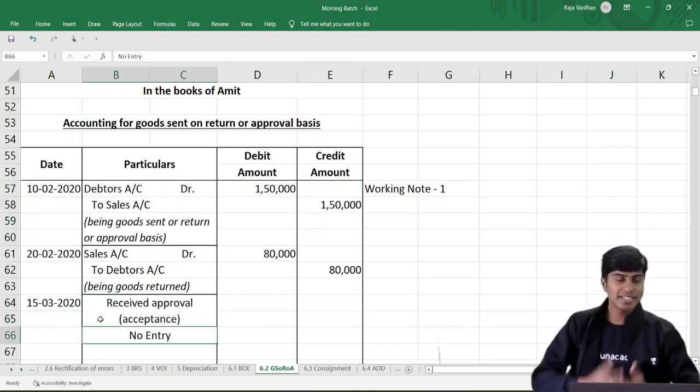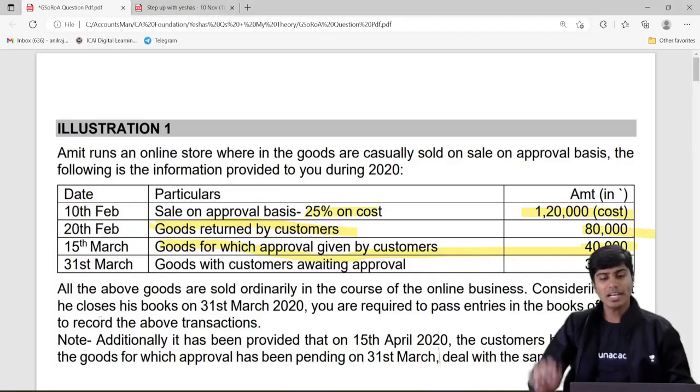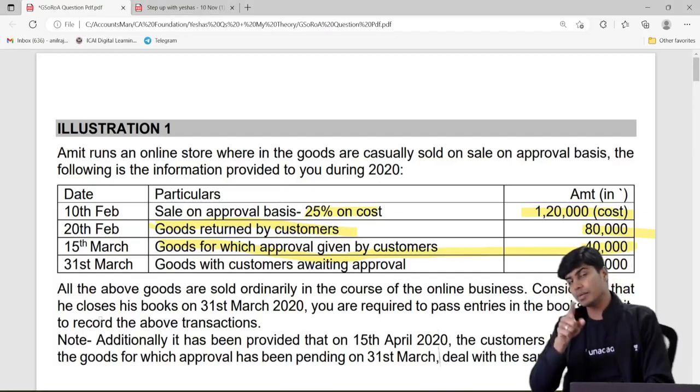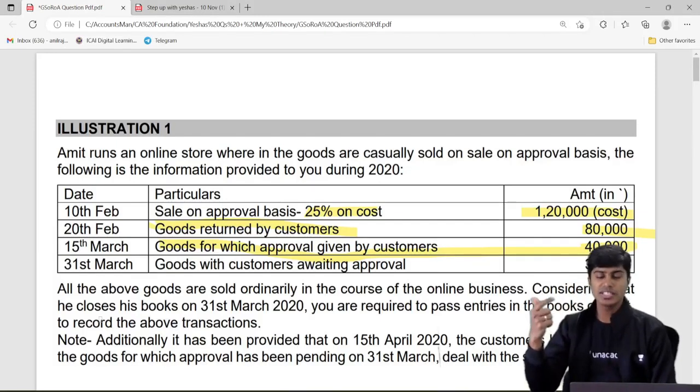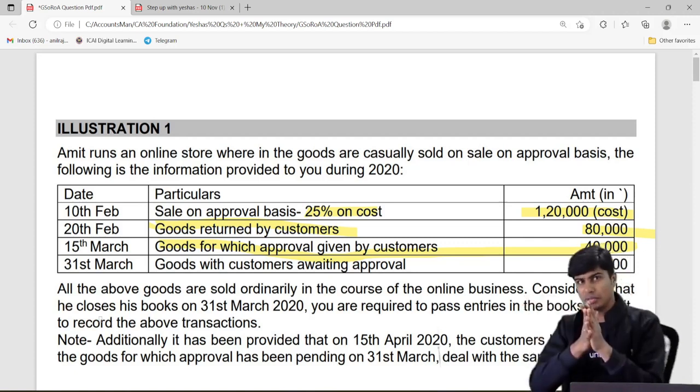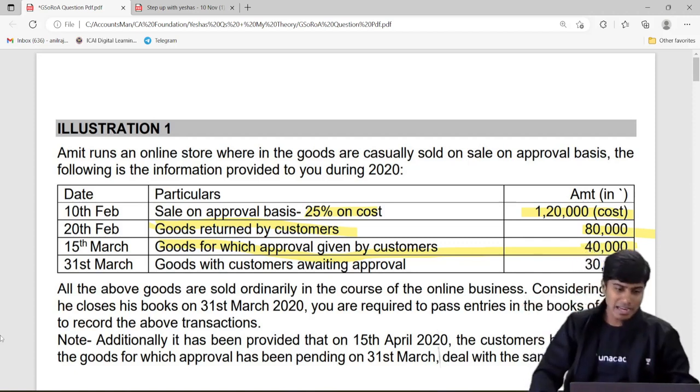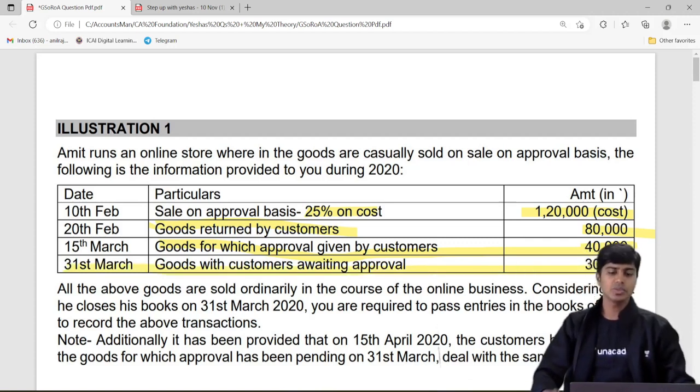So we have sent 1,50,000 worth of goods, selling price being 1,50,000. 80,000 is returned, 40,000 is accepted. 80 plus 40 together makes 1,20,000. The balance of the goods, neither accepted nor returned and awaiting approval, is 30,000.